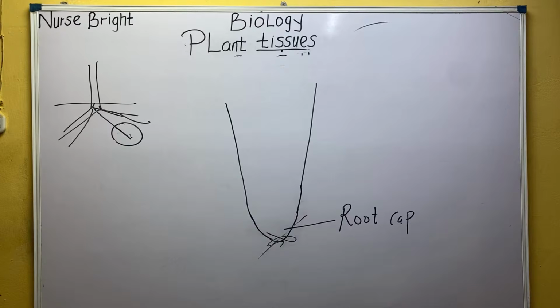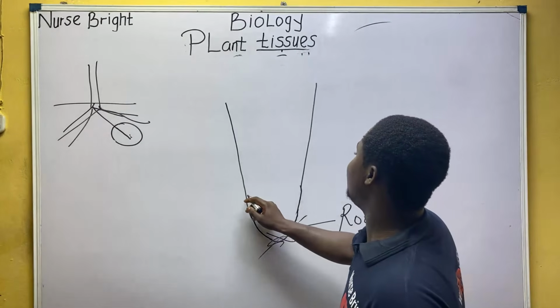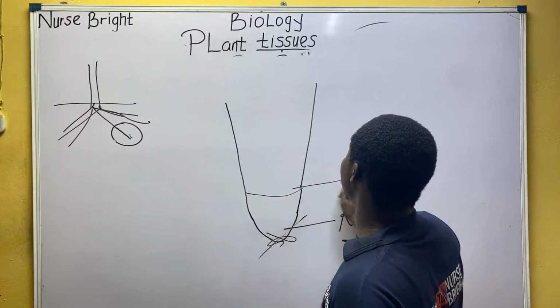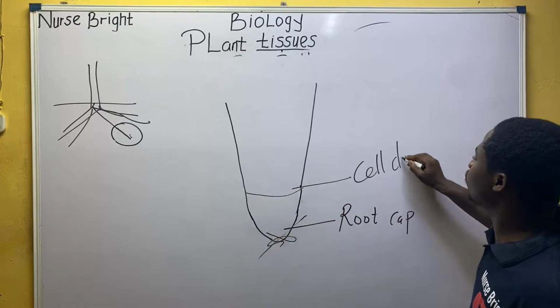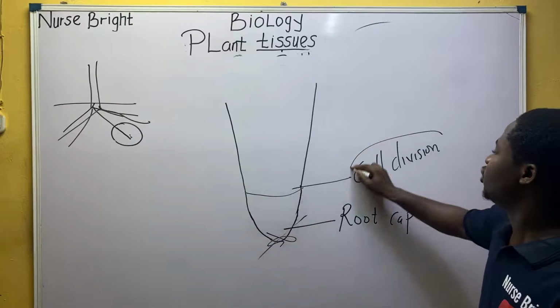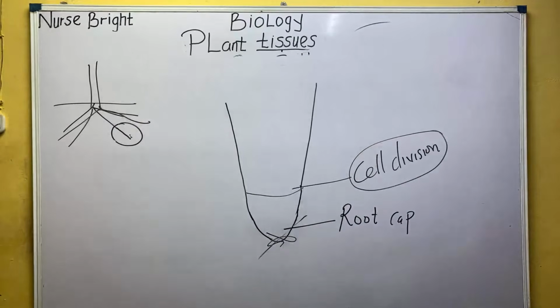The next layer of this root is the cell division zone, and it is just behind the root cap. After the root cap, this area is the cell division area, or zone.